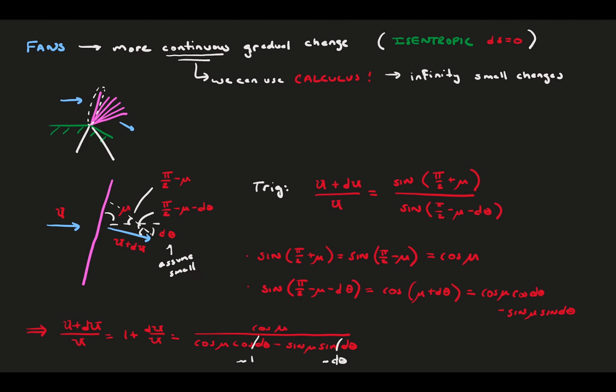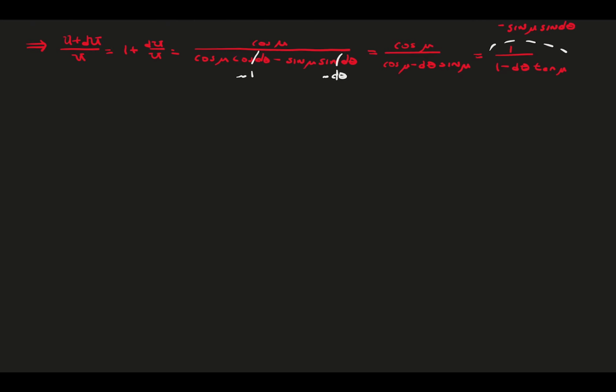So, we can make use of the small angle approximation: cos d theta becomes 1 and sine d theta becomes just d theta. Follow these assumptions through and we arrive at something relatively simple, 1 over 1 minus d theta tan mu.